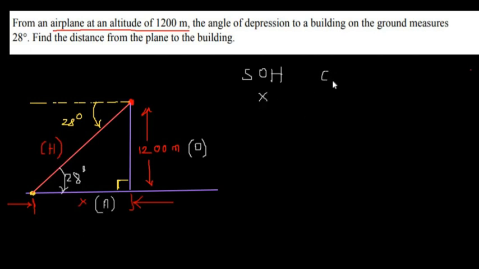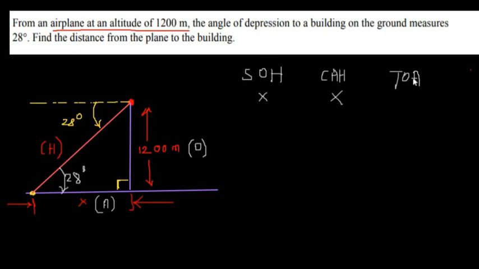Let us check with the next one, which is CAH. That is cos of 28 degrees is equal to adjacent, which we need to find, over hypotenuse, which is not given. So we have two variables to be found here, so we cannot use CAH as well. So the last one which remains is TOA, that is the tan.